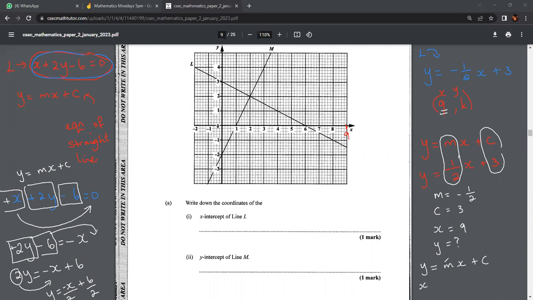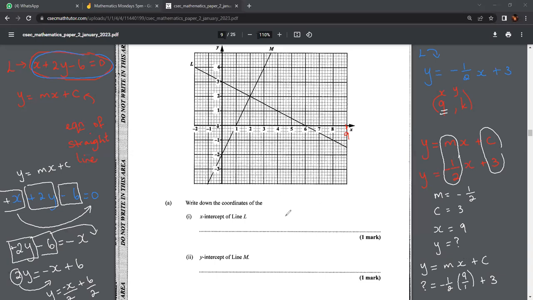I can't put x because we have another x here, so I put a question mark because that's what I'm trying to find. My gradient is -1/2, my x is 9, plus my y-intercept is 3.